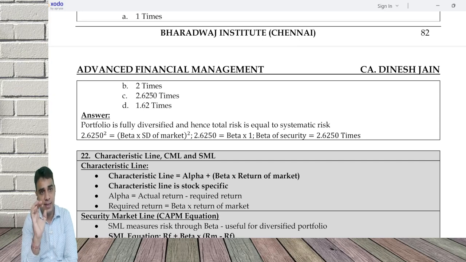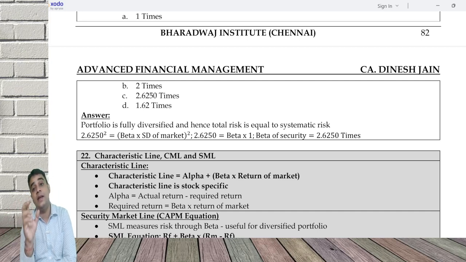Characteristic line says the return of a security should be beta into RM. No concept of RF. Don't even bring RF into the picture. Market gives 12%, 1 beta. If you have 2 beta, 24%. 3 beta, 36%.